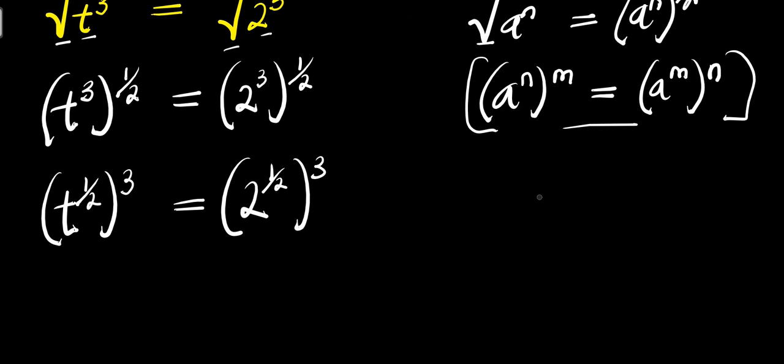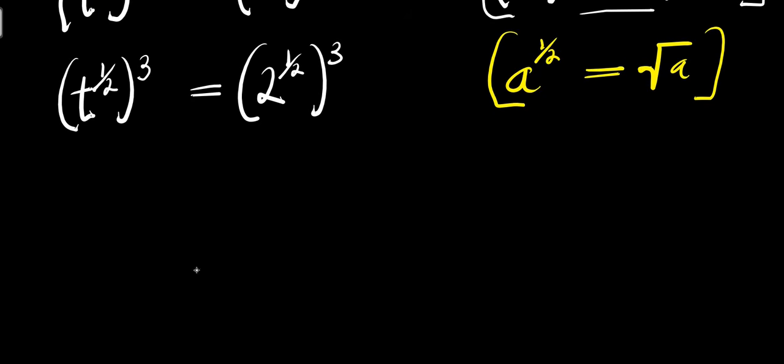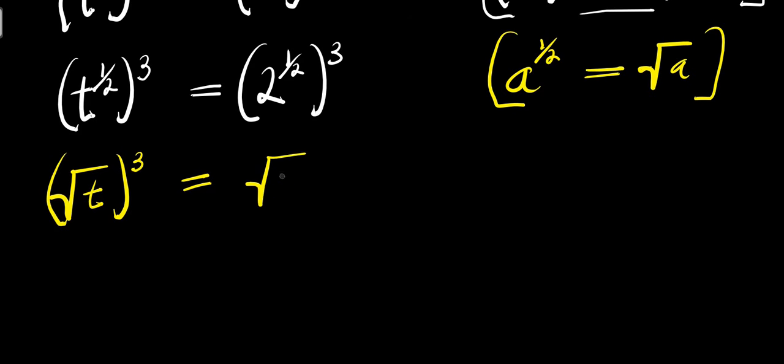Now, if you have a to the power of 1 over 2, this equals square root of a. So now we have t to the power of 1 over 2. This is square root of t raised to the power of 3 equals square root of 2 raised to the power of 3.